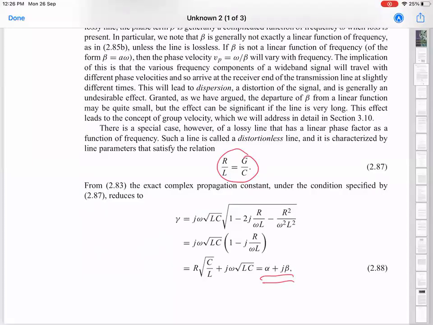So they mention here that this is typically done in, I guess you can call them artificial transmission lines, that are actually composed of an array of inductors and capacitors. So you would add extra inductance and extra capacitance to the structure. The only way to do that, if you are not able to change the material property, is this: you have one unit cell which has some inductance, some resistance, some capacitance, some conductance.